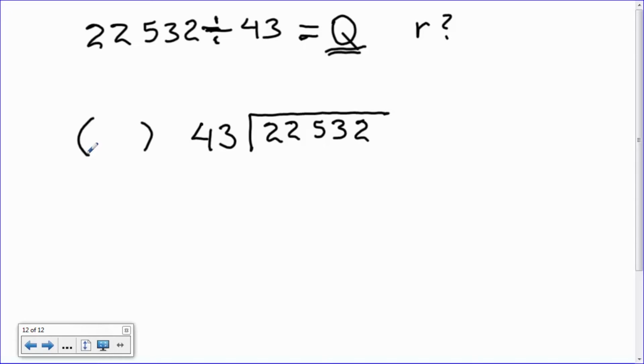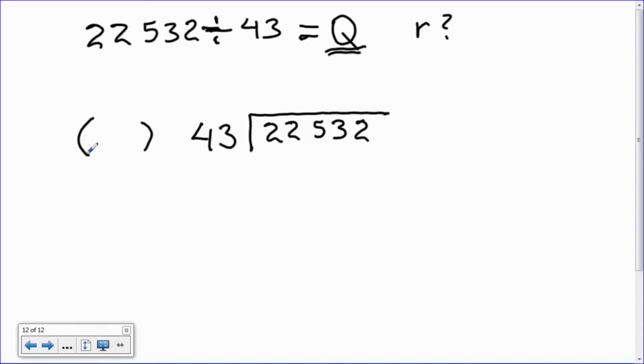You want to increase the size of the divisor. That makes the quotient smaller. Or you want to decrease the size of the dividend. That makes the quotient smaller. In this case, we want to do both because we want to make the intermediate computations easy. So what's a number that's bigger than 43 that only has one non-zero digit? Now, I didn't say closer to 43. I said bigger than 43.